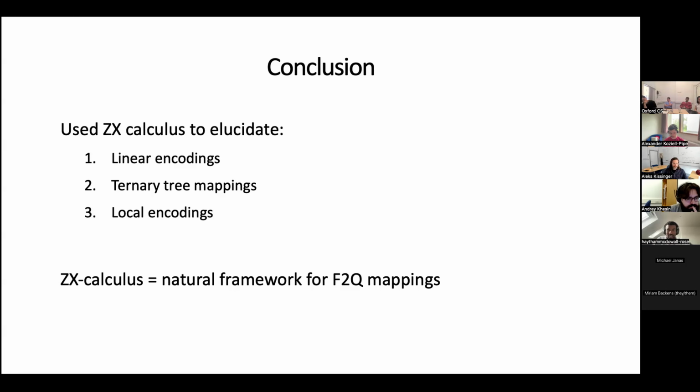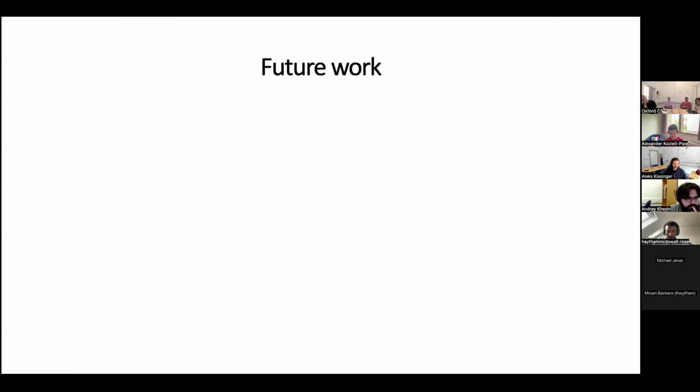In the future, what would be interesting for us to work on could be problems related to using the ZX calculus to find optimal mappings for a given situation. So given some Hamiltonian with some constraints and some special information about what interacts with what, are there ways to find optimal fermion qubit mappings somehow?